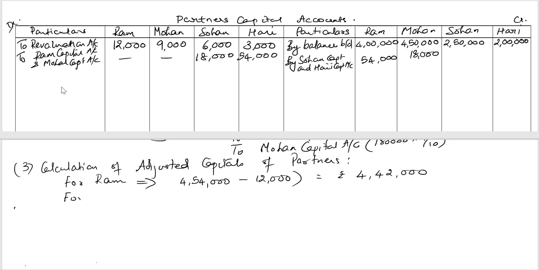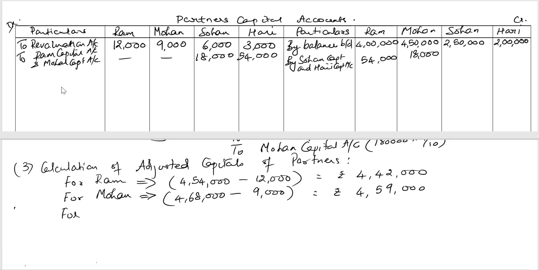Next for Mohan, total of the credit side 4,68,000 rupees minus total of the debit side 9,000 rupees is 4,59,000 rupees.